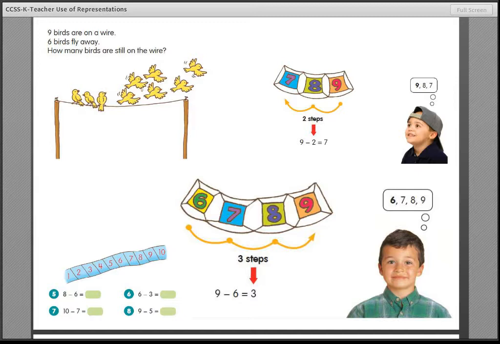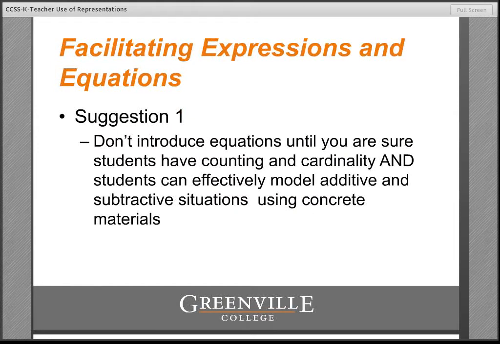You see them using a partial number path to model counting up and counting down, and then that's connected with the oral language, what it sounds like when you count up and count down, and then that's connected with the equations, connecting the number path to the equations. So you can see how there's making some connections, and I just showed you that to give you a quick curricular example.